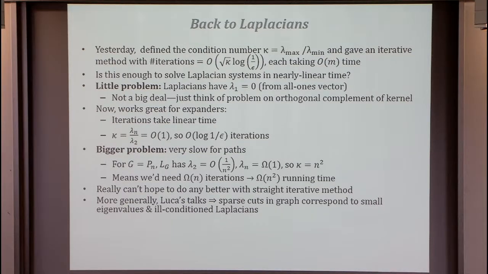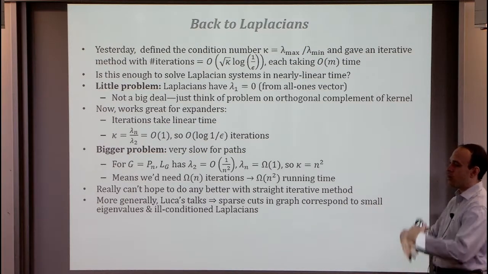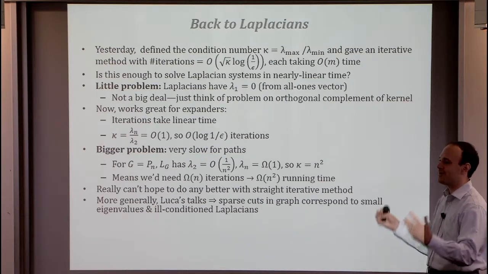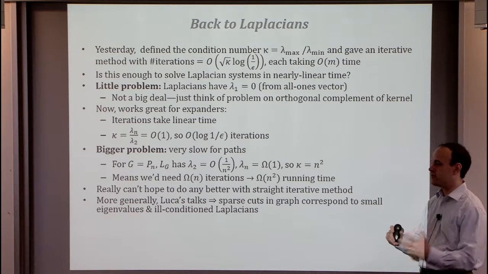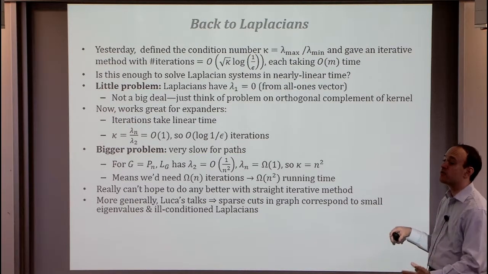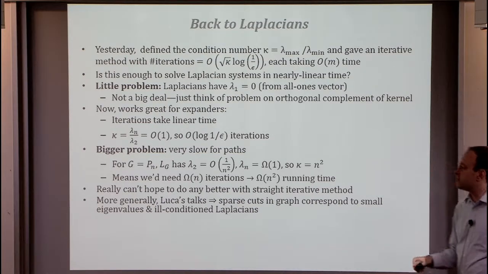It's actually more than that. The structure of the eigenvalues, how many big ones, how many small ones, how big they are, is very strongly related to all of the cuts in the graph. Somehow each cut in the graph presents one bad eigenvalue or something like that. And in order to understand the linear algebraic structure, you have to understand where the sparse cuts are in a graph. That's the main roadblock that these methods have to get around.